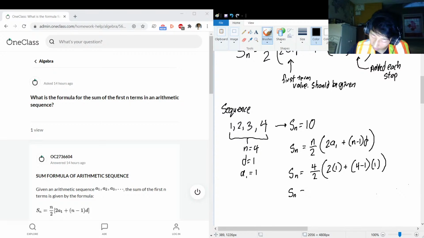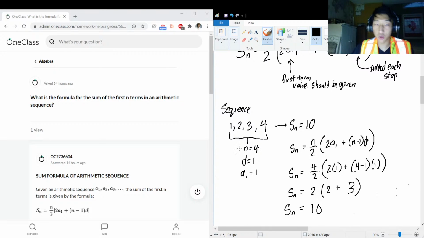Okay, so let's do some quick math. 4 divided by 2, that's a solid 2. 2 times 1, that's going to be 2, plus 4 minus 1, that's 3. And then 3 times 1, looks like 3 to me. So inside the brackets, 2 plus 3, that's 5. 5 times 2, 10. And that's exactly what we would expect.